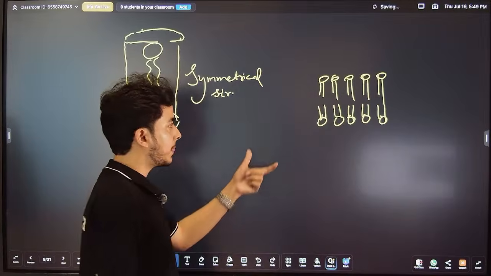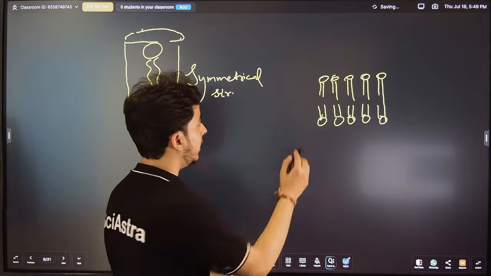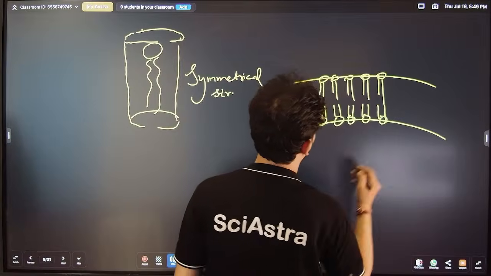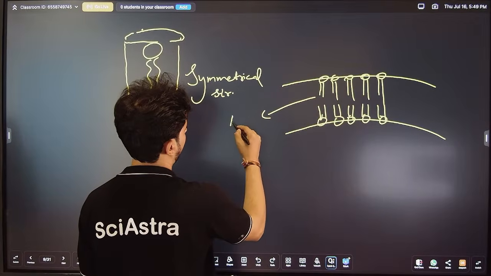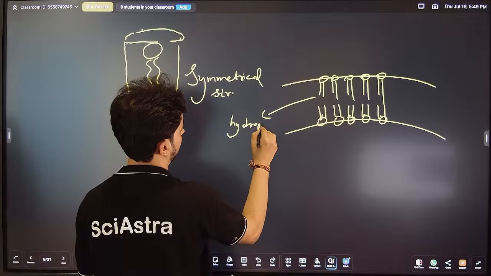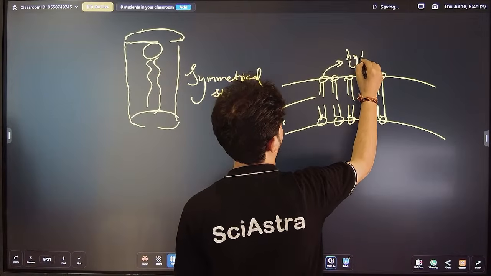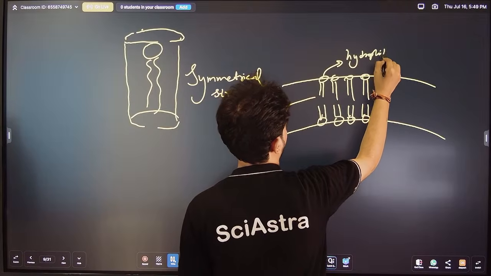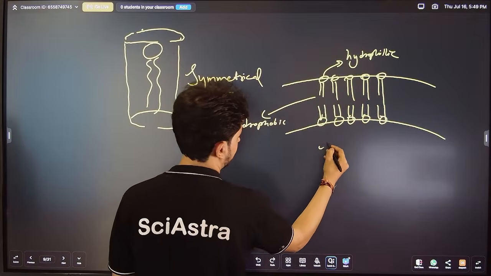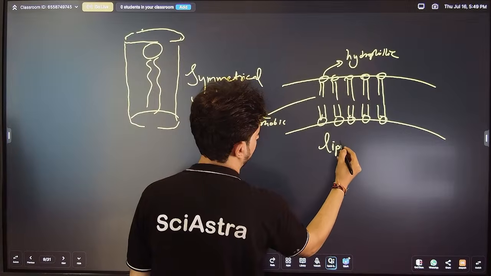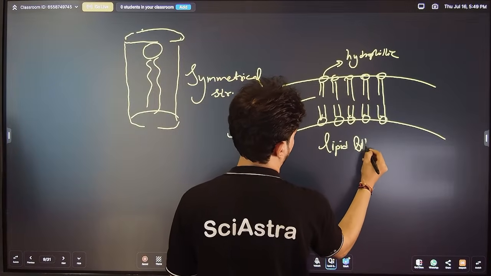This is the lipid bilayer of the cell, where this part is hydrophobic and this part is hydrophilic. So this is what we call a lipid bilayer.